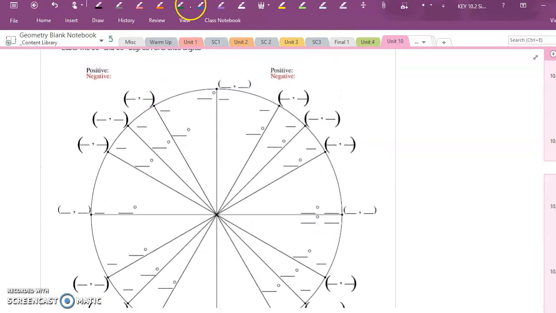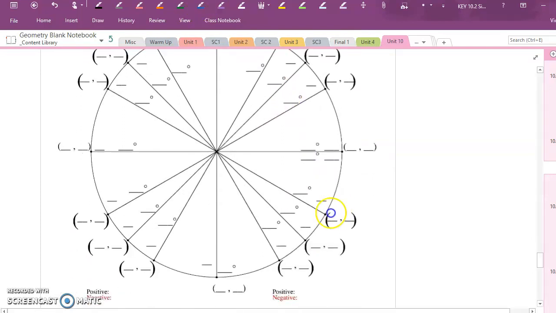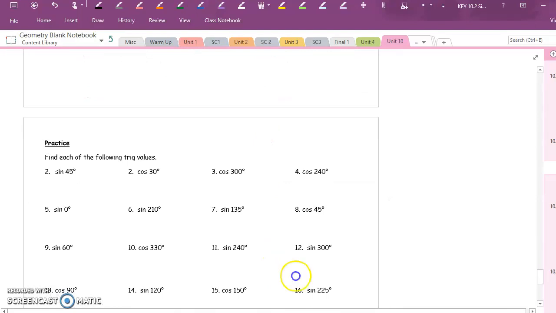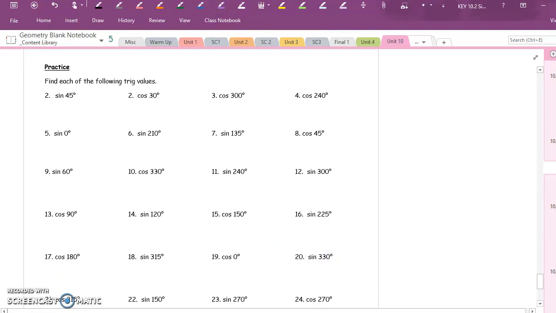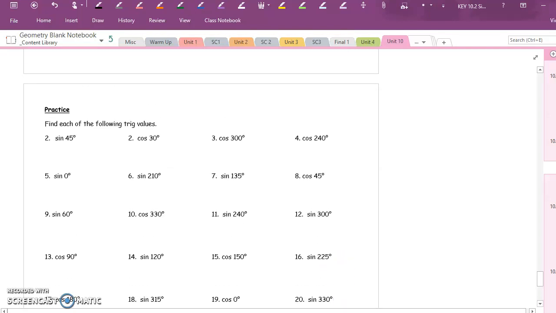So I'm going to scroll down. We have all of these different practice problems to practice finding the sine and cosine of the different angles. So remember, everything that ends in 5 goes with 45, and then you're able to figure out 30 versus 60 based on where it lies in the grid.